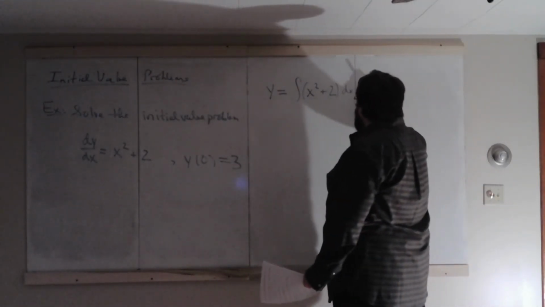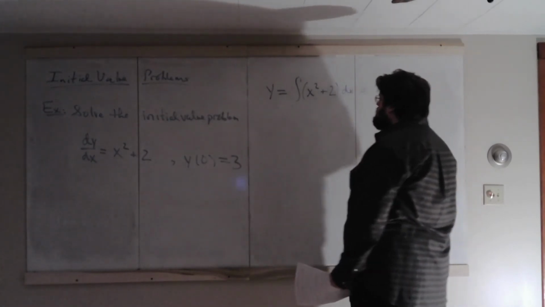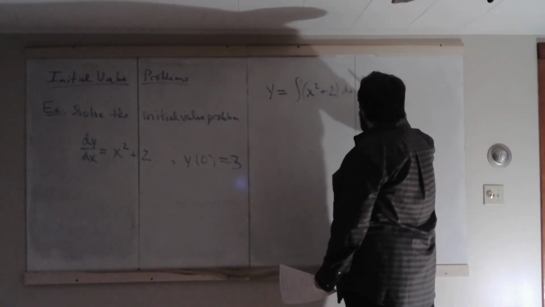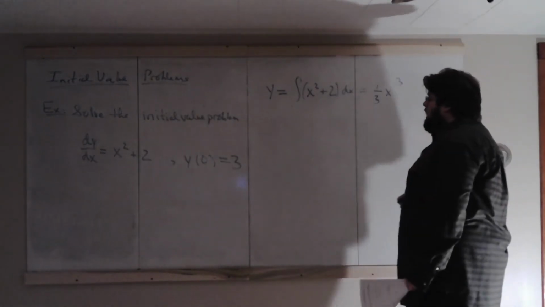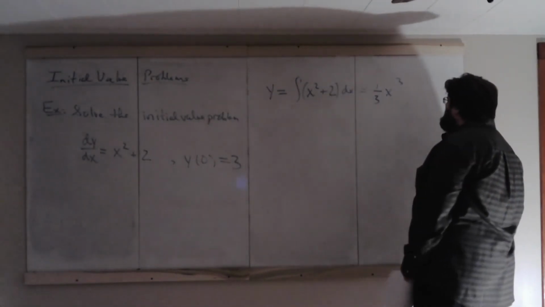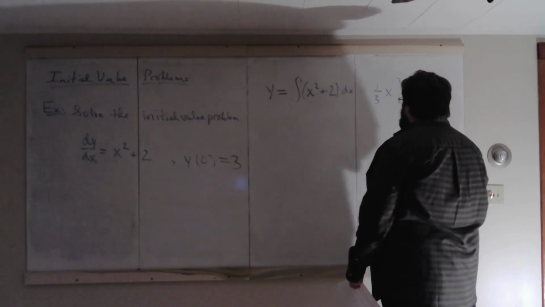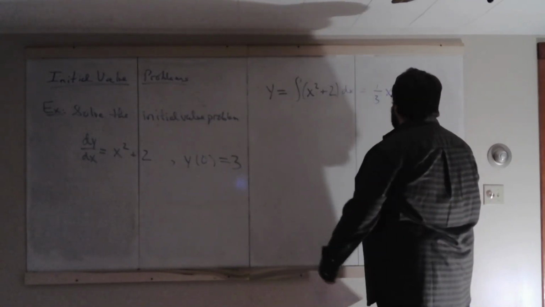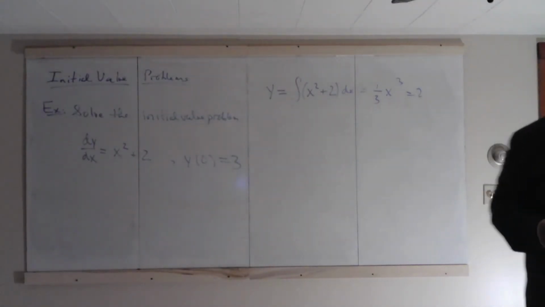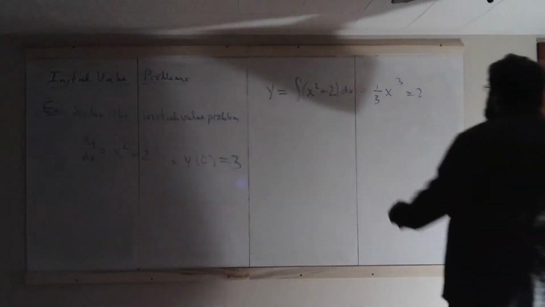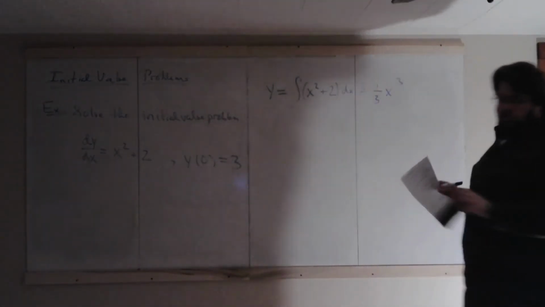We can do that using the power rule on the first one. 2 plus 1 is 3, so you get a third x cubed. 2 is a constant, so the first rule said that the antiderivative of the constant is the constant times x. That equals plus 2x.